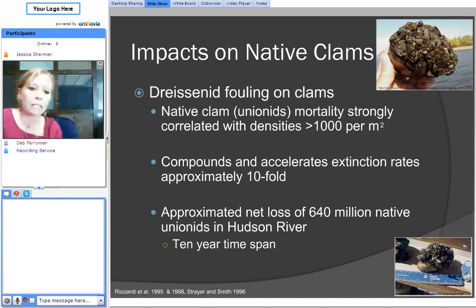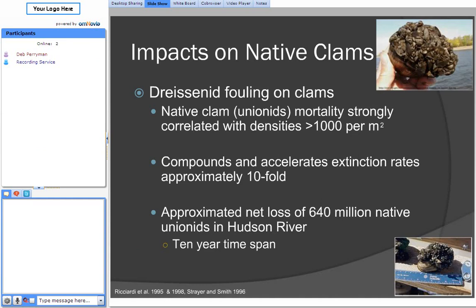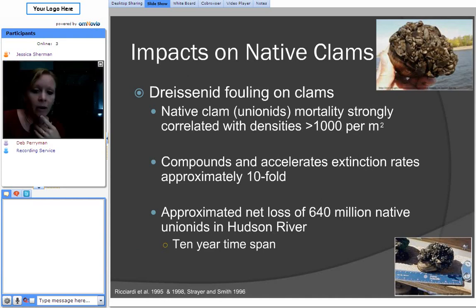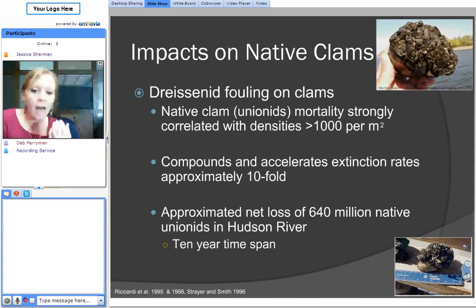So they'll attach to these native clams with zebra mussel densities. And what we've seen since their introduction in the late 80s is that zebra mussels have really accelerated the extinction rates of native clams by at least 10 times their normal rate.